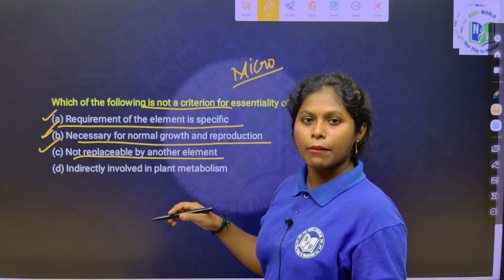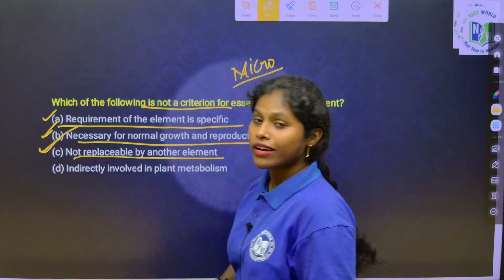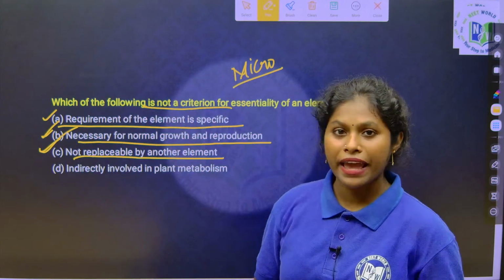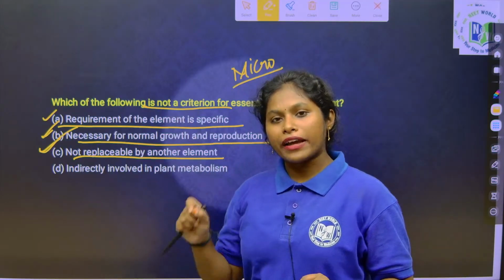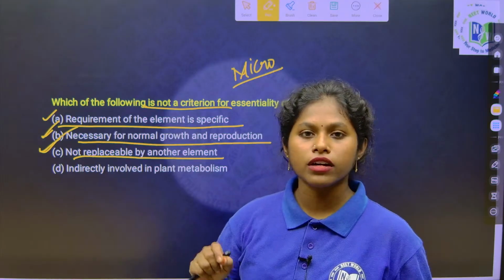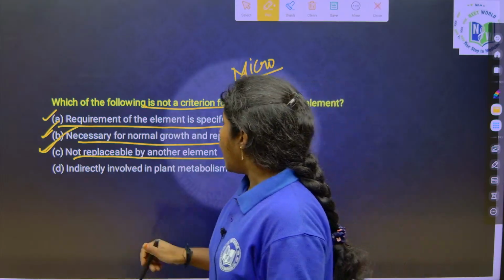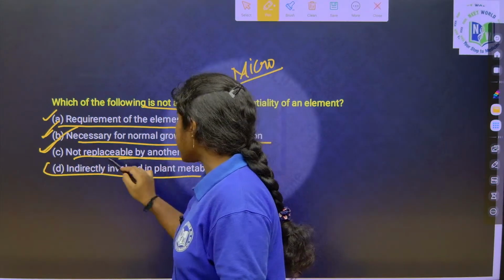Got it? That is why option C is also correct. It will not be replaced by any other macro element. If the requirement is of a micro element, then there is compulsorily a requirement of the micro element only. And coming to D, indirectly involved in plant metabolism.